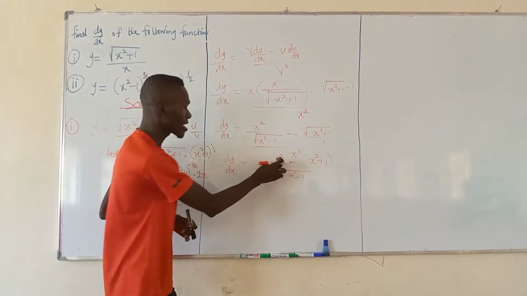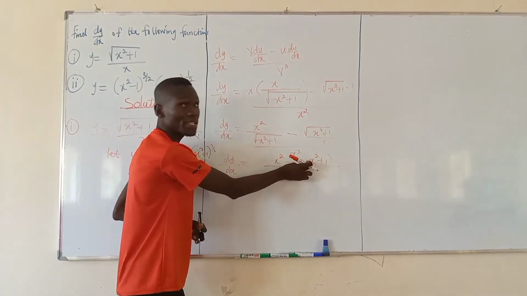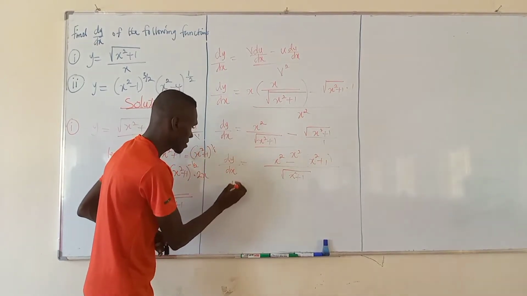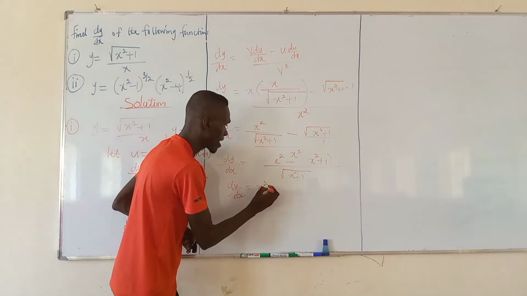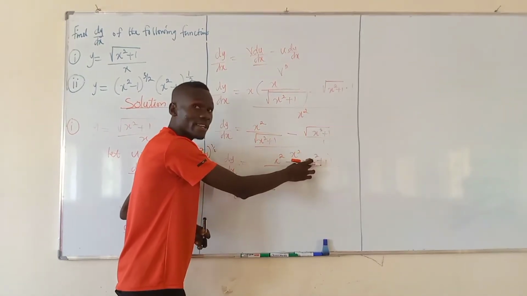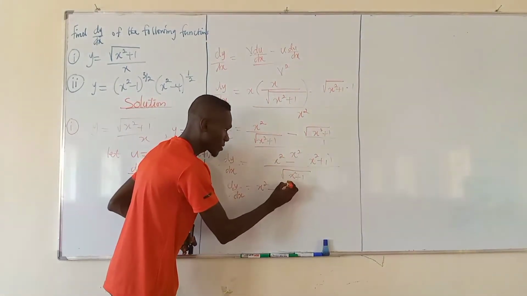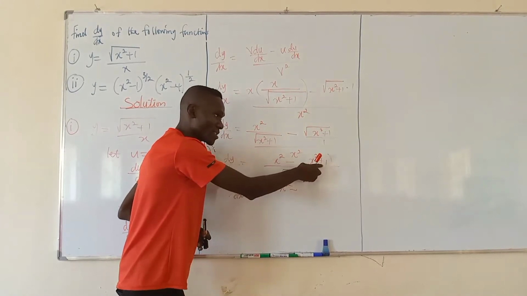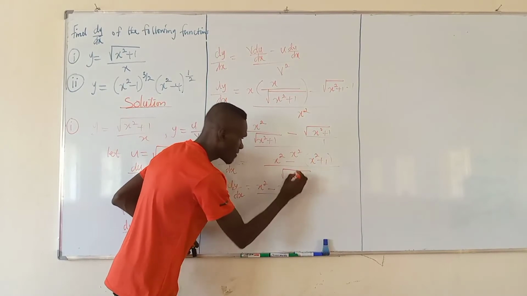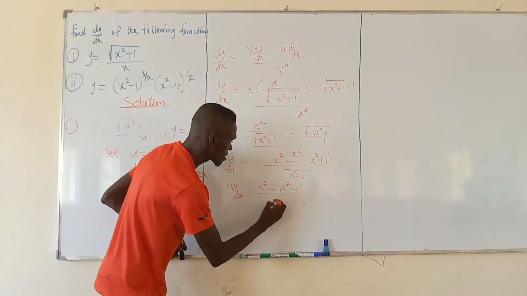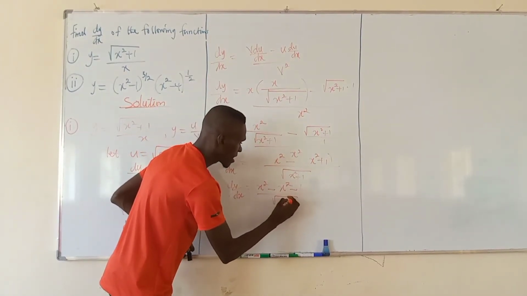Now from this point, we can expand the bracket here. So dy/dx equals x squared minus, I have to affect this, so x squared, then minus, the minus has to affect even the one that is inside. I'm having minus 1 over the LCM, which is the square root of x squared plus 1.